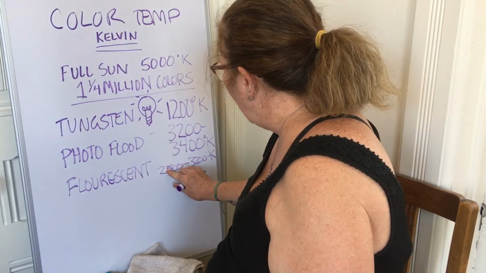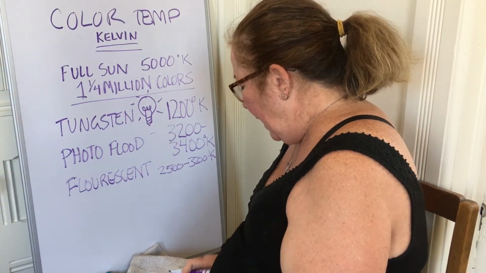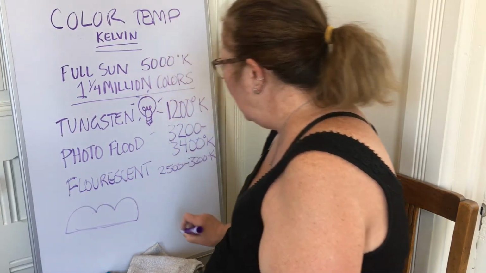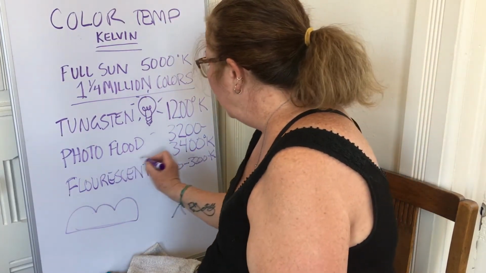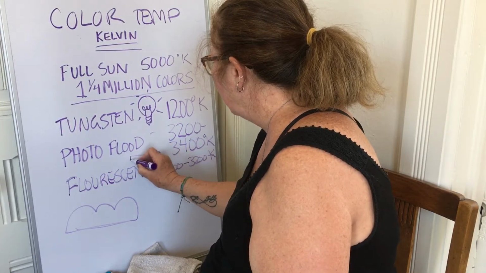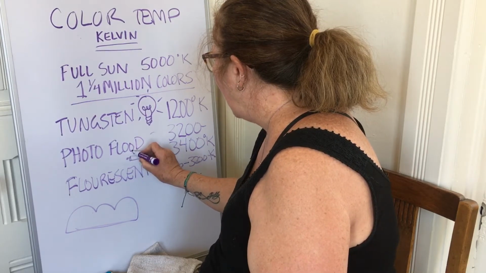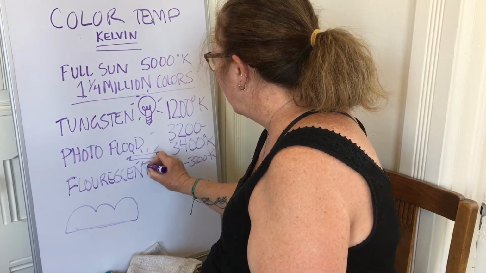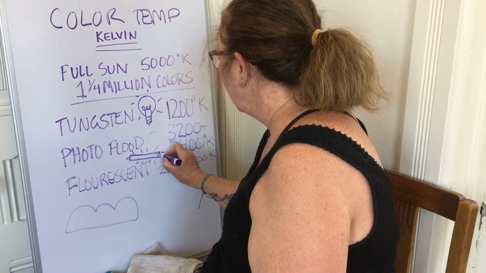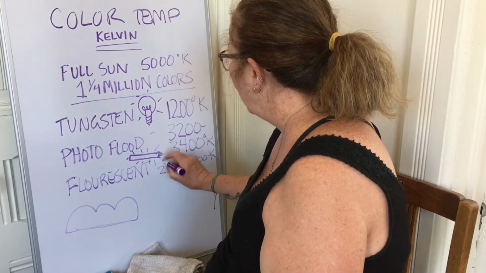Okay, so 25 to 3200 Kelvin for a fluorescent. And when it's cloudy, right, there's the fluorescent fixture, if you have it on your camera, it might look like that, right, when you're doing your white balance, kind of like an old-fashioned fluorescent light fixture with the little two pins on each end.